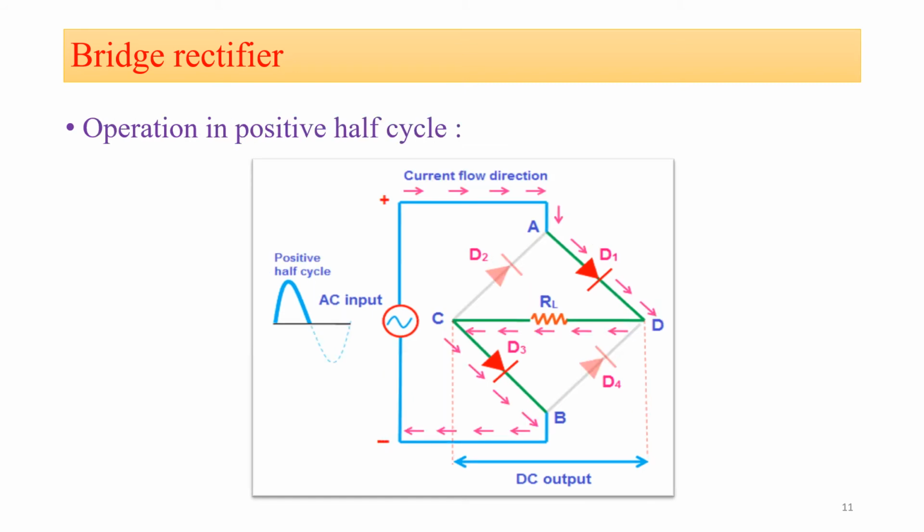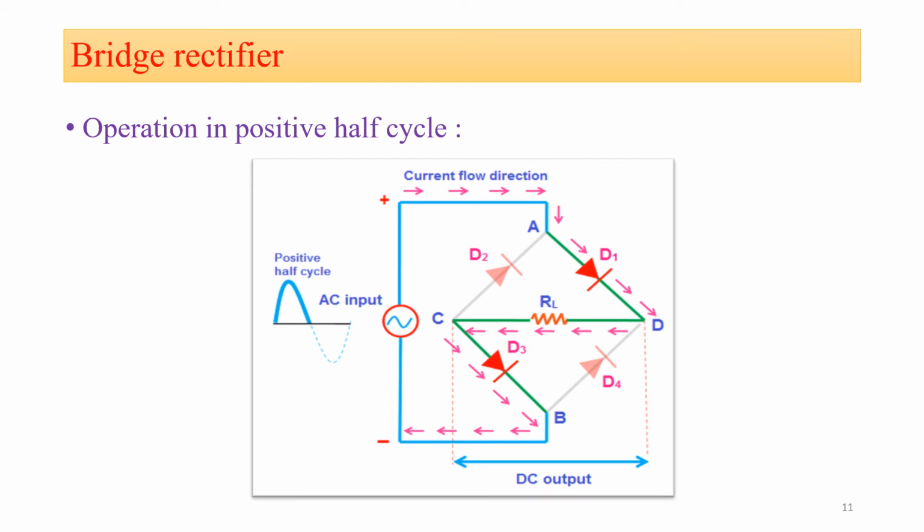Now let's see the working of the bridge rectifier in the positive half cycle. Positive half cycle means the period from 0 to pi. In the positive half cycle, what will happen? VAB will be positive. A terminal will be at positive potential and B terminal will be at negative potential. We are going to check which diodes will be in forward bias condition and which will be in reverse bias condition.